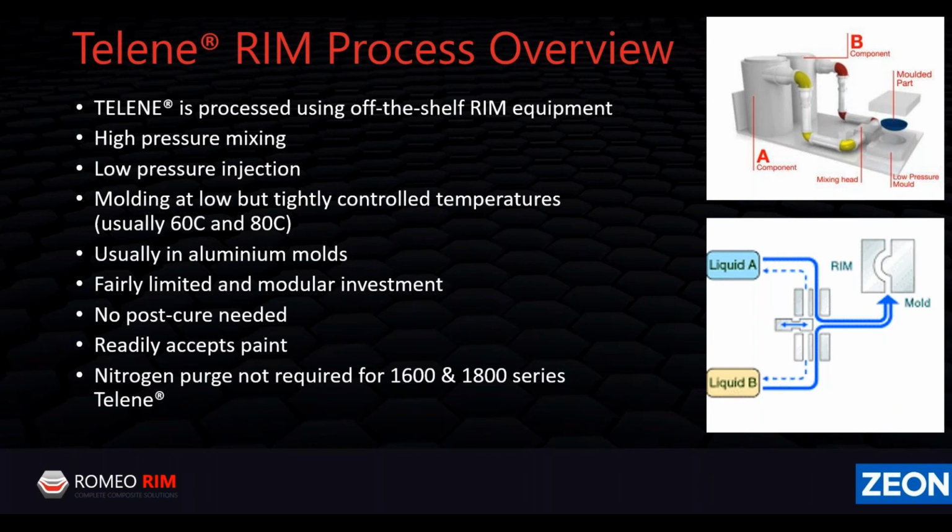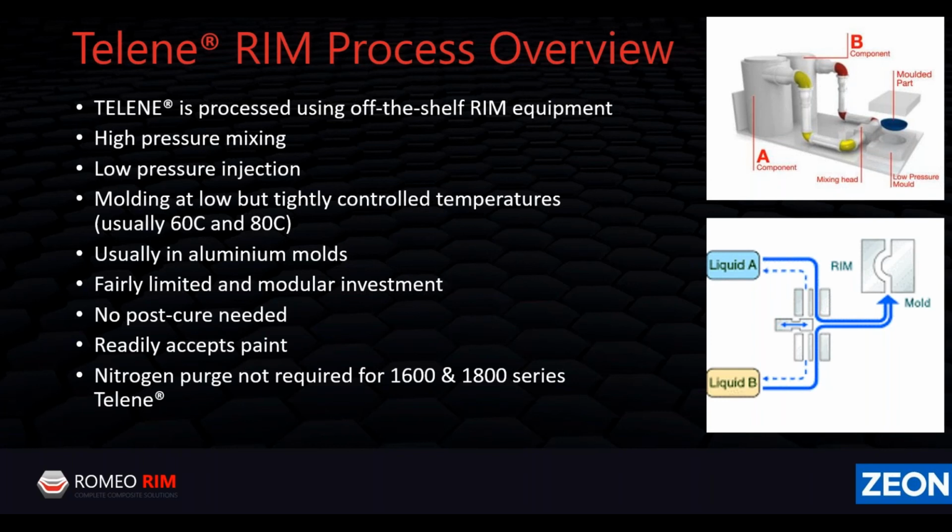It's a high pressure mixing. A lot of times you'll hear RIM addressed as a high pressure process, but that's really only the mixing, because once the material is injected into the mix head, it mixes by impingement. You have a reactive liquid that's flowing through the runner and the gate system into the cavity, but basically drops to atmospheric pressure at that point for the most part. Usually aluminum tools. We have a couple of slides later.